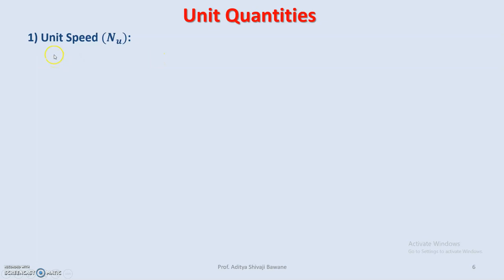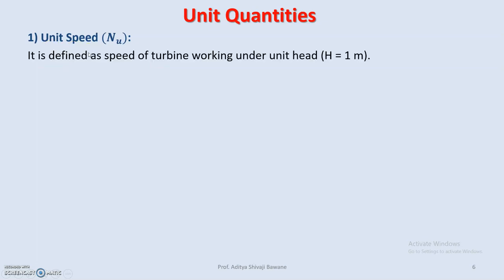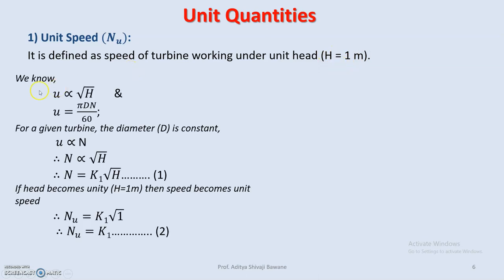There are 3 quantities. First is unit speed. It is defined as the speed of a turbine working under a unit head, that means H equal to 1. We know u is directly proportional to under root of H, and u equal to pi DN by 60. So u is directly proportional to N, since the diameter is constant.